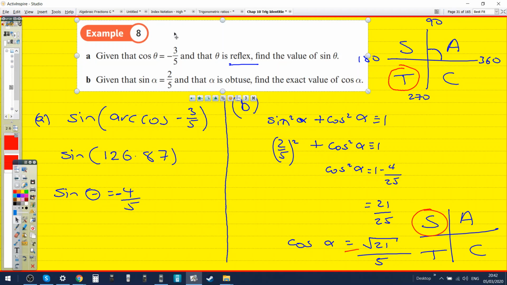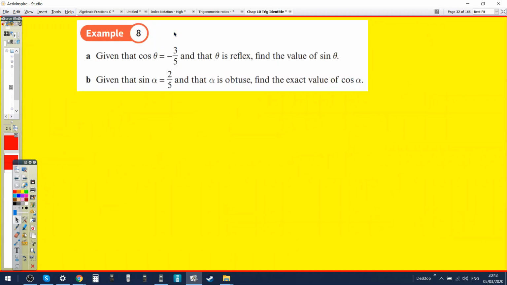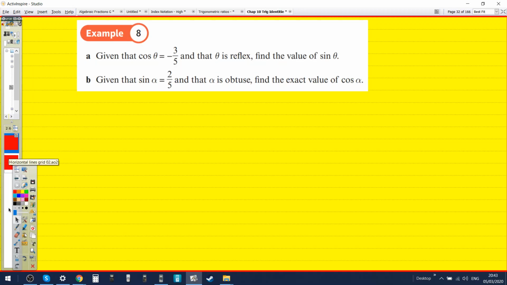If you're looking for a different method, I think I have one that will fix your problem for you. Let's just see. So cos theta is minus 3 over 5. Using SOHCAHTOA, what is cos?